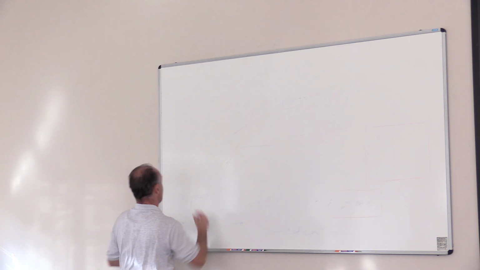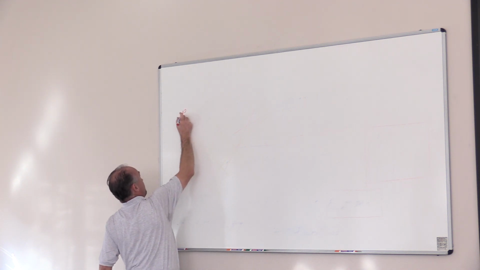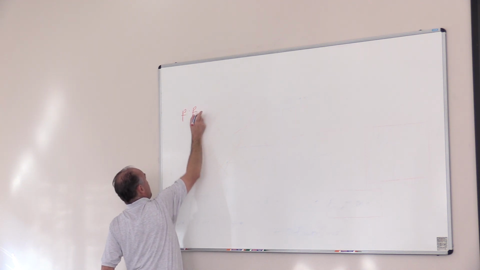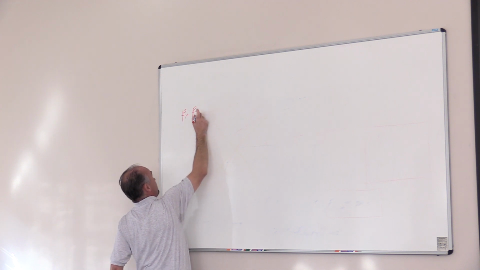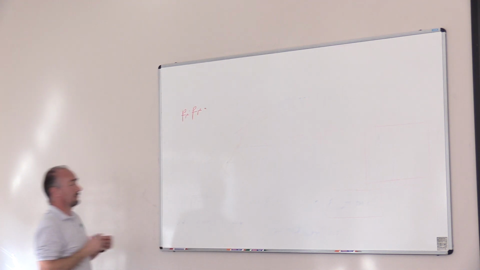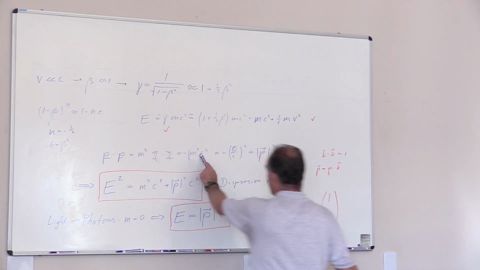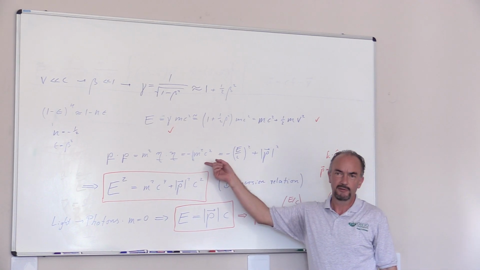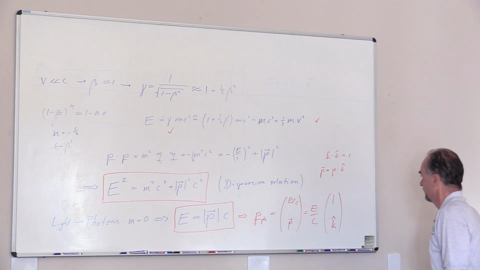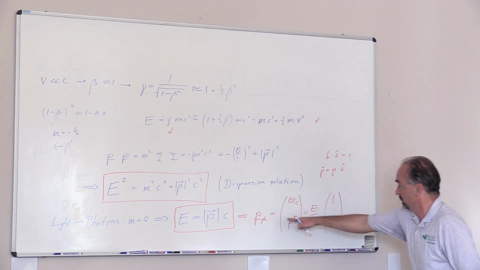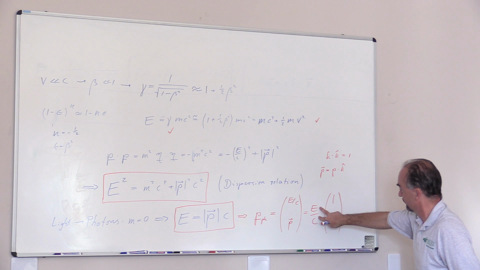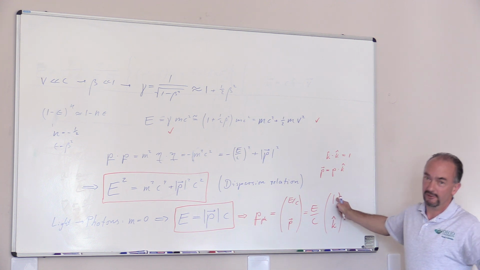Then, of course, it follows immediately what is P dot P for a photon. Calculated here, P dot P is minus m squared c squared. The mass is 0. Also, if we take this here, P dot P, we get E squared over c squared, 1 minus 1.